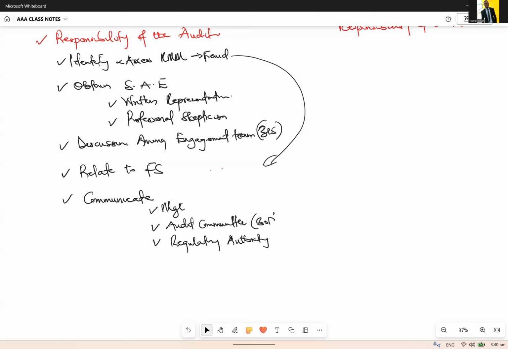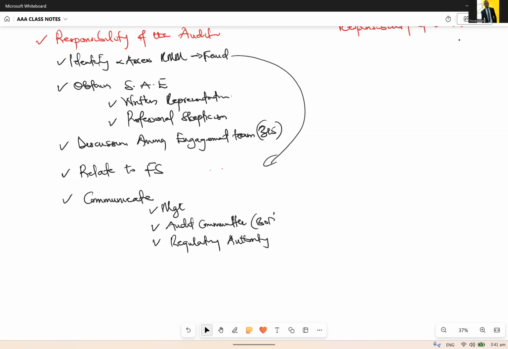Because invariably, you are actually supposed to report these things to the shareholders. But the shareholders are represented by independent non-executive directors. But if all these people are involved, then you must go straight to regulatory authorities. That is what will happen. So take note of that. The reporting is very, very important.